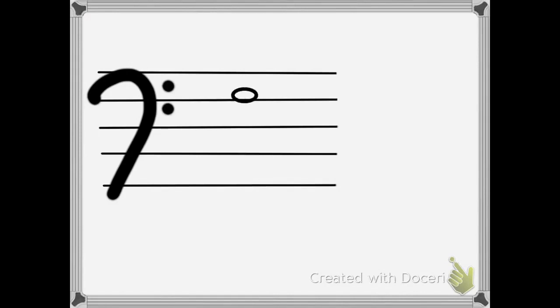What's this line? Now this one should be pretty easy to remember. Think, what's our clef called? What do those two dots in the clef mean? If you said this is F, you are correct. In our lines, good boys deserve fudge always, it's that line right there. Let's do a few more.